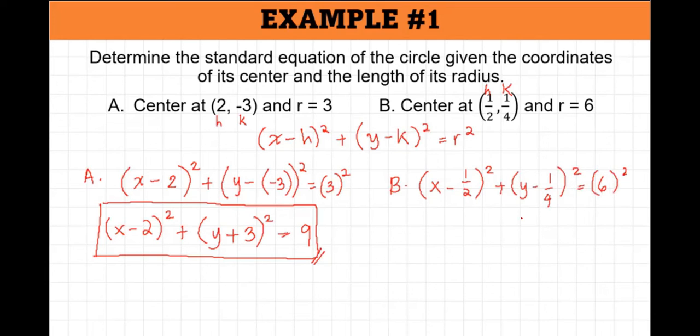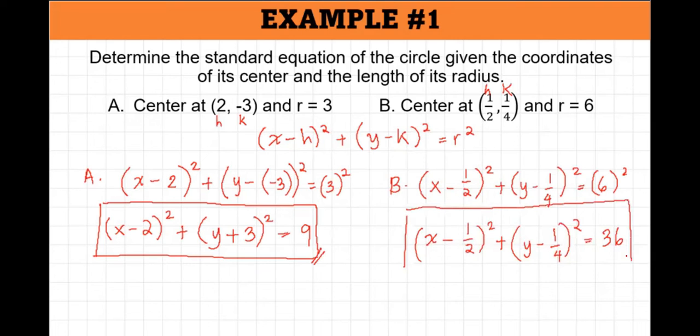And after that, you just have to simplify them. So, pag sinimplify mo, hindi mo naman na kailangang isolve yan kasi looking tayo for the standard equation. X minus 1/2 quantity squared plus y minus 1/4 quantity squared equal to 36. This is now your standard equation. So that is example number 1.